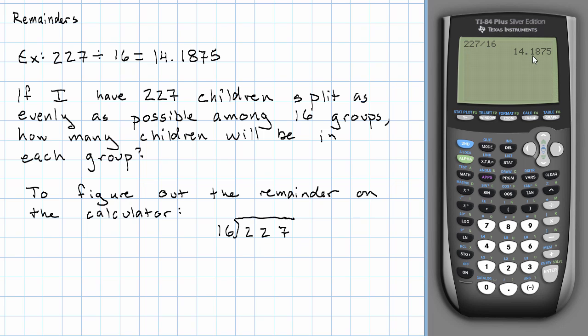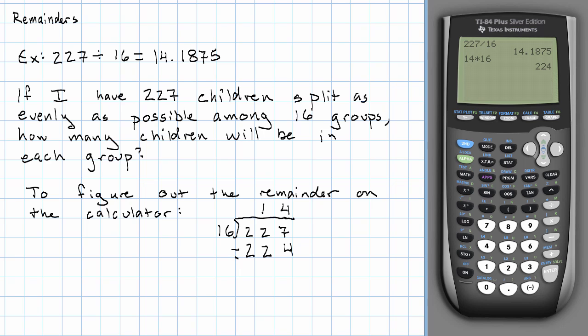So looking at my quotient here, I got 14 whole groups. Instead of guessing one digit at a time, I'm just going to say 14. Making 14 groups of 16 uses up 224 of my children.